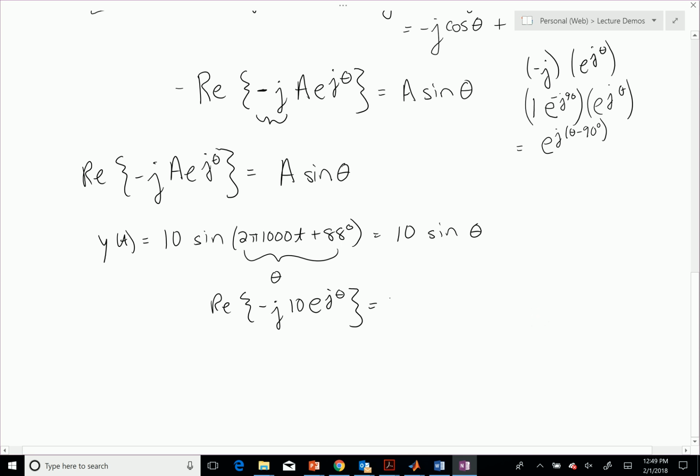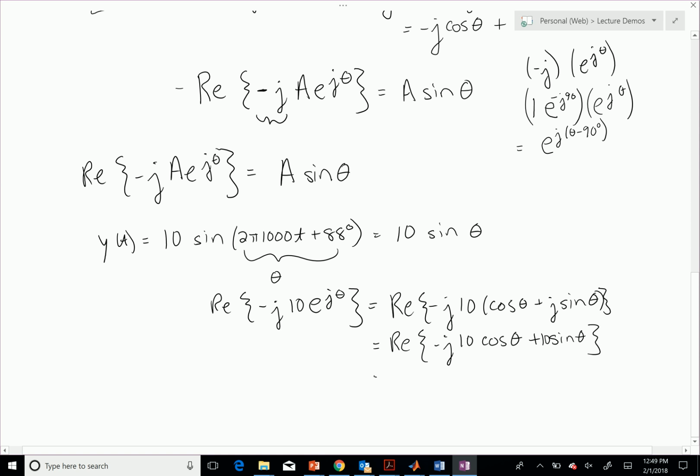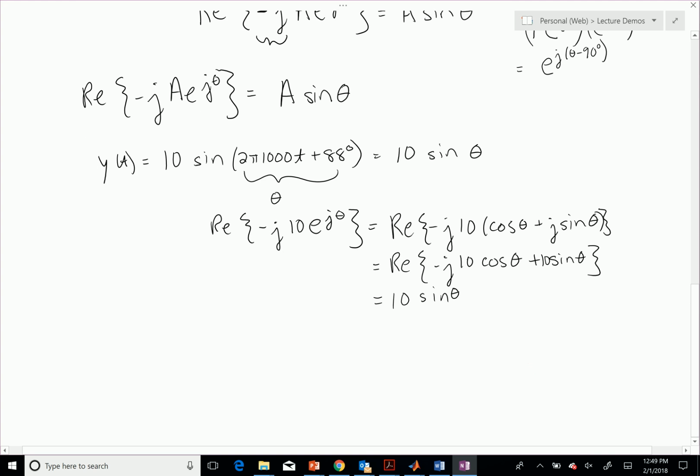Maybe I will real quick. So I have minus j 10 times cosine theta plus j sine theta, right, like that. If I multiply through by that minus j, I get this, plus 10 sine theta, and I'll end up with 10 sine theta, which is what I started with, okay? So that's good.